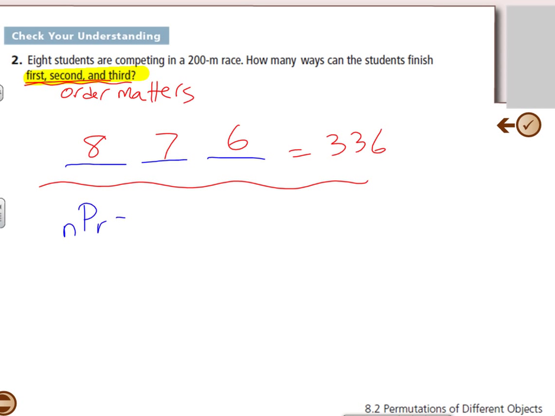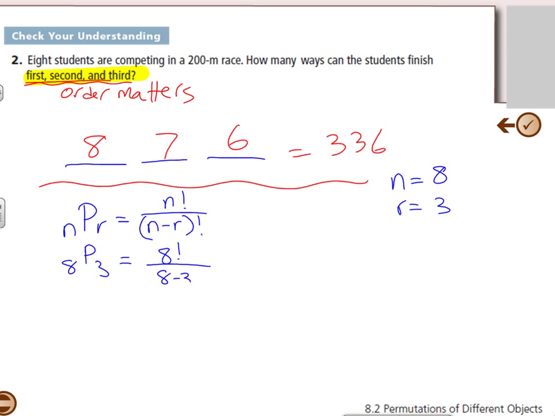But let's use this newfound trick we've got. nPr equals n factorial over n minus r factorial. Well, the n, that's our total number. Total number of students is 8. Out of 8, pick the r value, which is 3 of them. I want 3 spots. So 8P3. And now we just substitute into the formula. 8 factorial over 8 minus 3 factorial gives us 8 factorial over 5 factorial. This is 8 times 7 times 6 times 5 factorial.